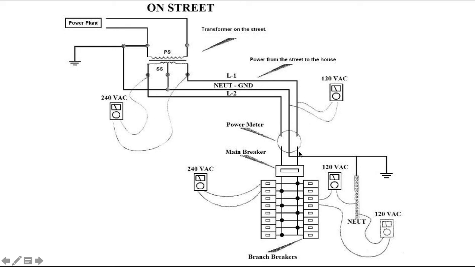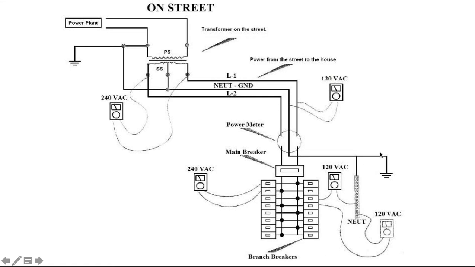Now we come through the power meter, we come into the building, and we have a breaker panel. We have a main breaker usually, and we have a breaker panel. That breaker panel has two bars on it, and that's L1 and L2. In the center, or off to the side, we normally have a neutral bar, and we also have a ground bar you'll see in most panels now.